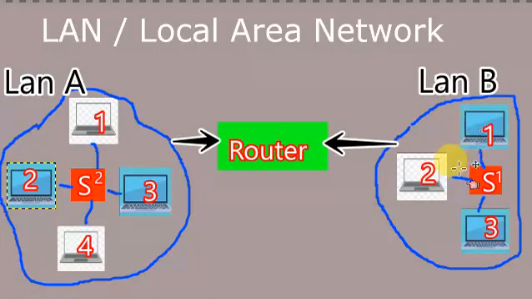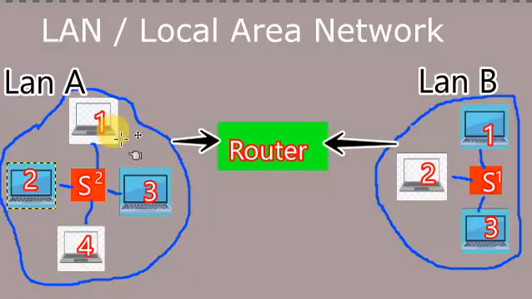So, in a nutshell, a router here can connect many LANs, many local area networks. And also bear in mind that this network not only has computers, it also has all other peripherals that computers need to work with, like a printer, a fax machine, and name it.